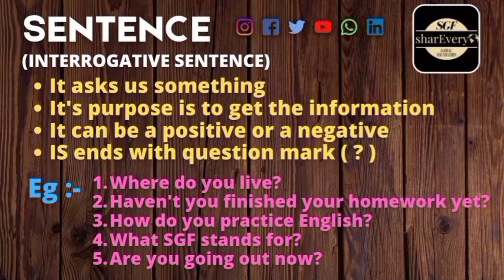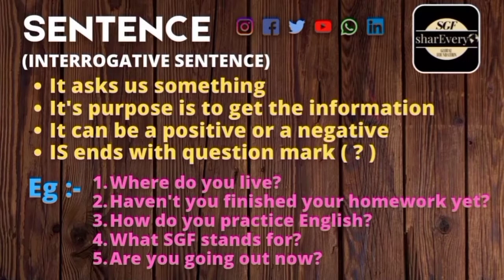Here also I have taken five examples following those four rules. Where do you live? I ask something to someone, and its purpose is to get information. By asking the first question, I can get the information about where he or she lives.